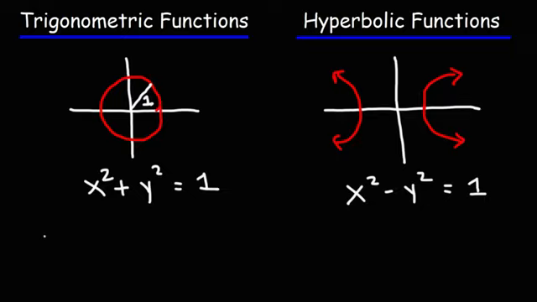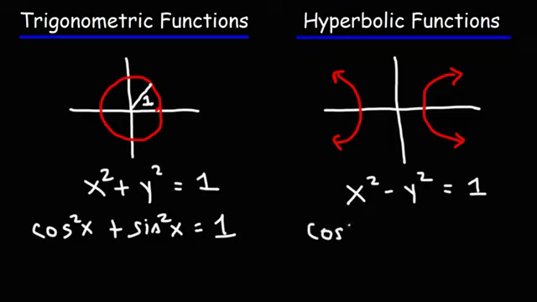Now, in trigonometry, you've seen this identity. This is known as the Pythagorean identity. It's cosine squared plus sine squared is equal to 1. Now, for hyperbolic functions, there's a similar identity.